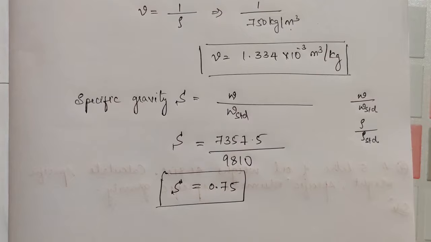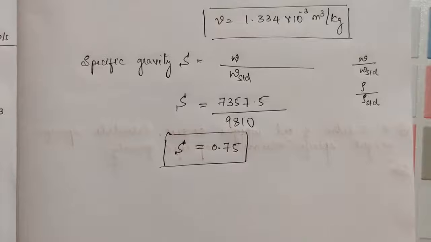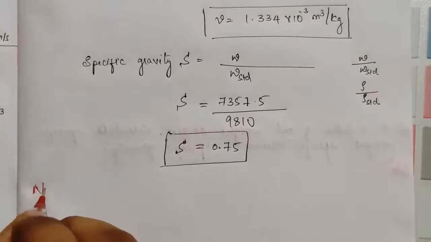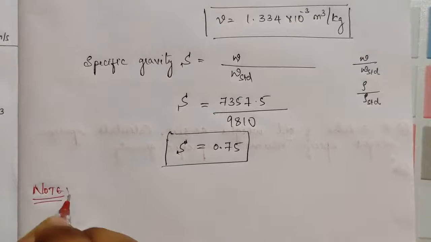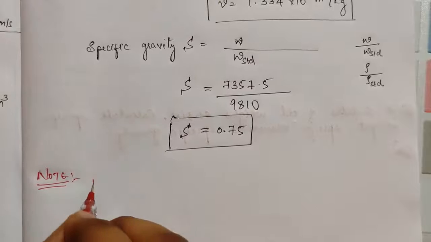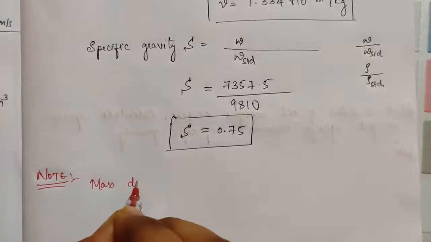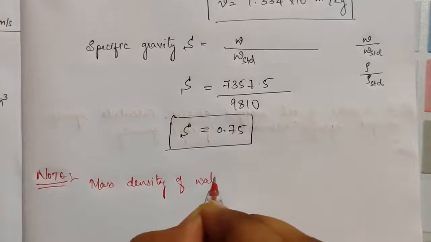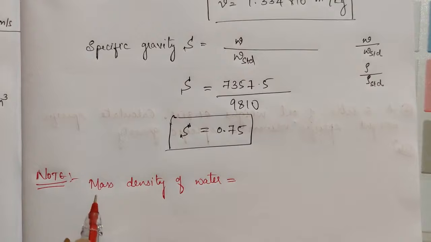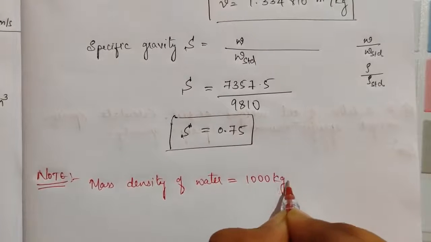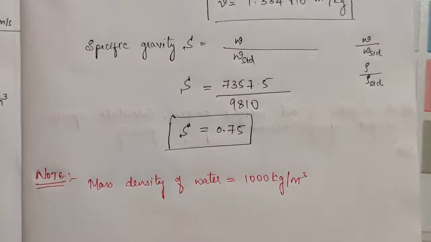Now let us write a note. So what is that note? Whenever in a problem you encounter the term mass density of water, it is 1000 kg per meter cube.